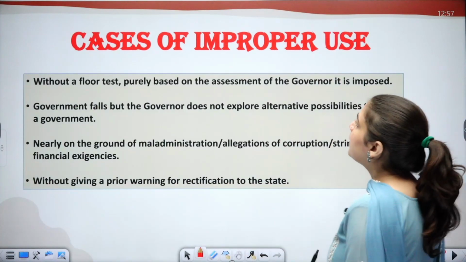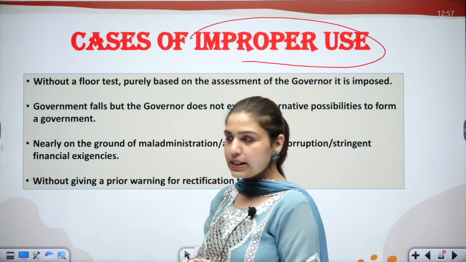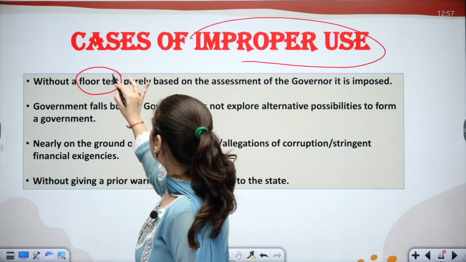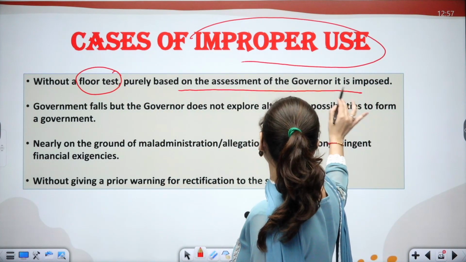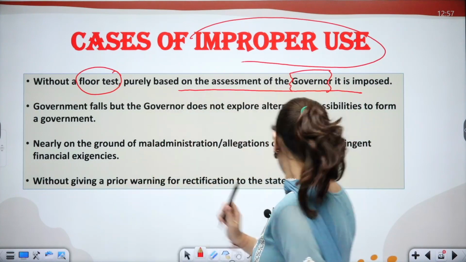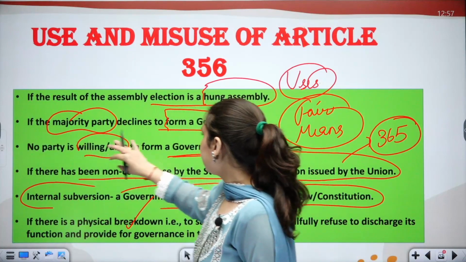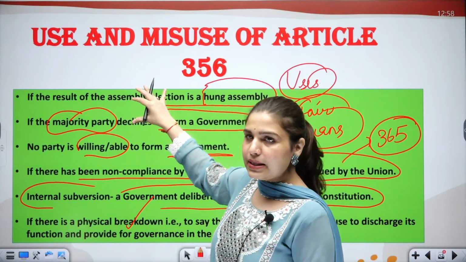Now moving on, improper use. If we talk about the improper use, first is without a floor test, purely based on the assessment of the governor. Let's understand it with an example. If the majority party declines or no party is willing, the result of the assembly is a hung assembly.